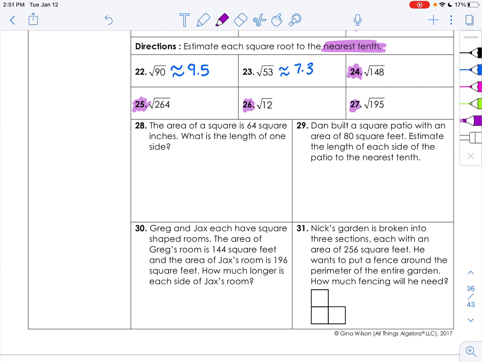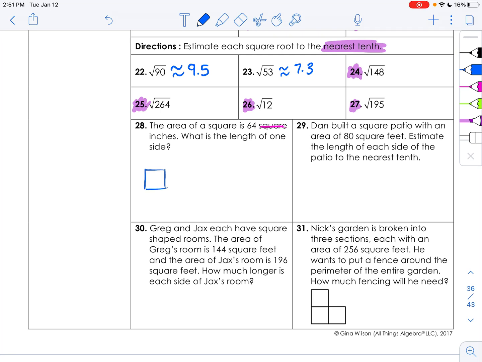And let's take a look at one word problem. The area of a square is 64 square inches. What is the length of one side? So this word square right here can be tricky and confusing. So we're going to go ahead and mark it out because that's just talking about the unit of measurement. So the area of a square, I'm going to draw a square, is 64.